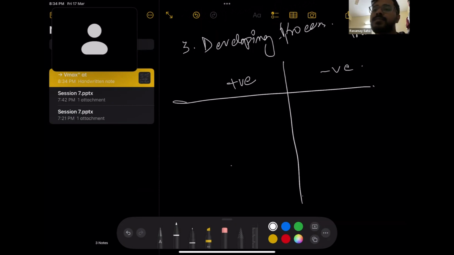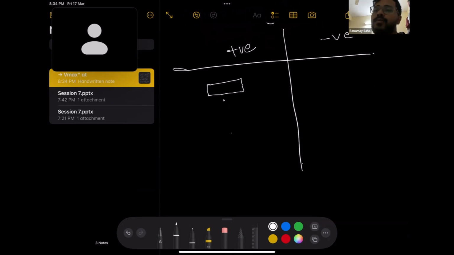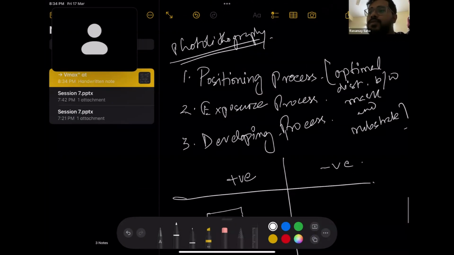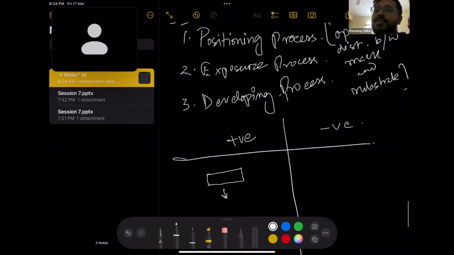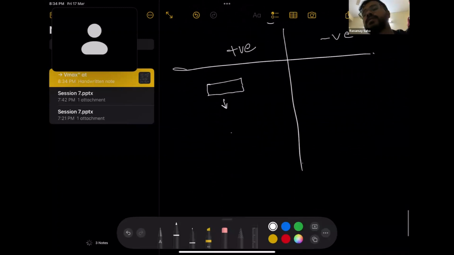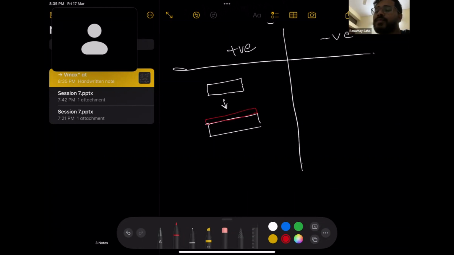Okay, so suppose you have a silicon wafer here. Now, we said the first step is positioning. Before that you have to coat the resist layer onto your substrate, isn't it? So there is a process called spin coating in which you drop cast your resist layer over your substrate, and then rotate it at a particular speed, which determines the thickness of the coated layer.